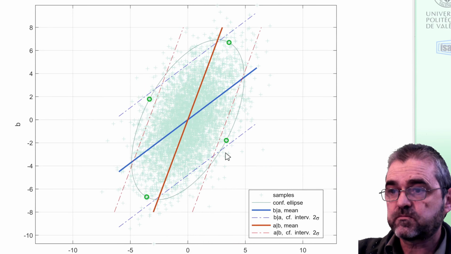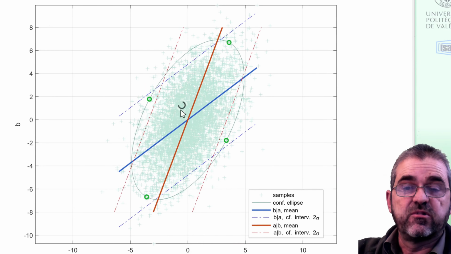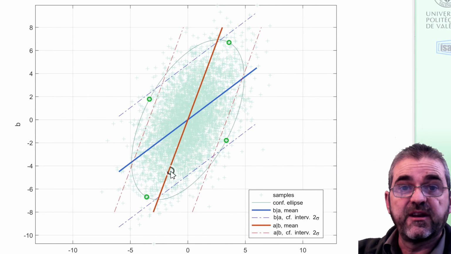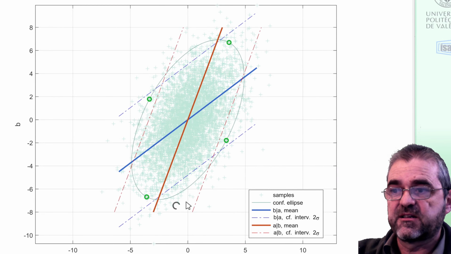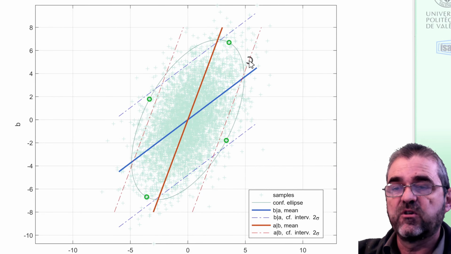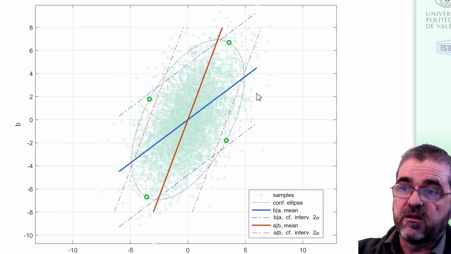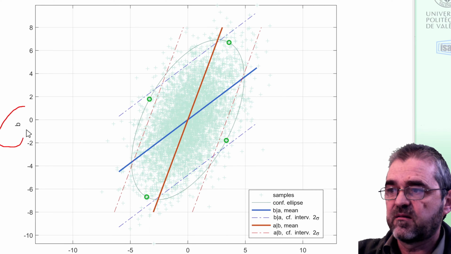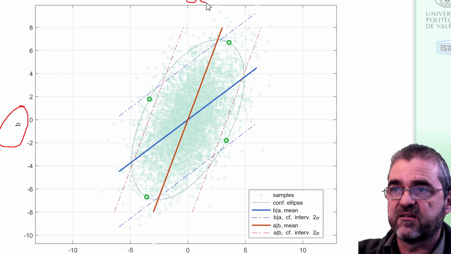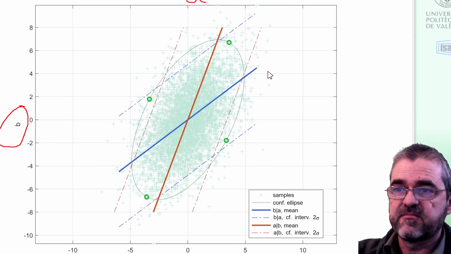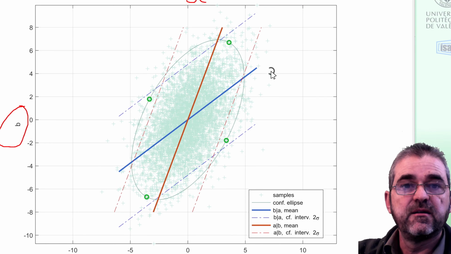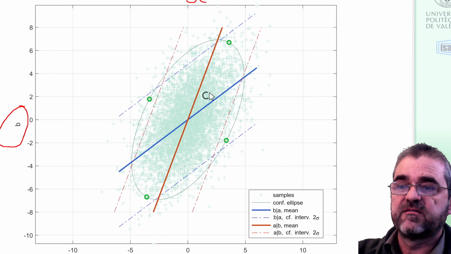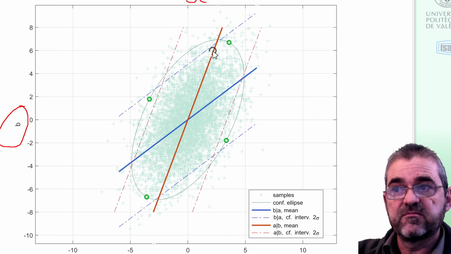This is it. The samples are light green crosses. 95% of them are inside this ellipsoid confidence region. The best prediction of B given A, which is in the horizontal axis, is the blue line, but the best prediction of A given B is the red line.